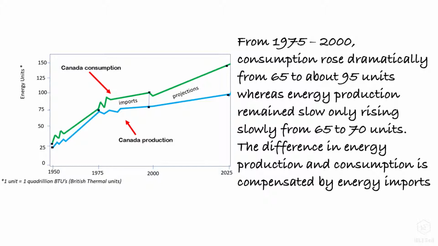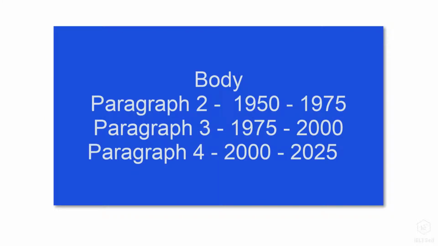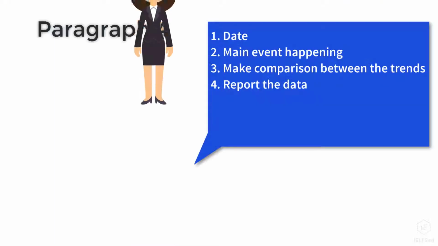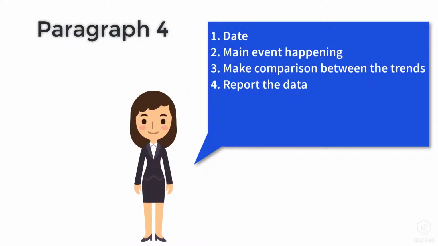Well done, everybody. Just a small tip. The fourth paragraph is about predictions, so we will have to use the future tense here. Let's follow the same style. Talk about the date, what's the main event happening, make comparisons, and report the data.